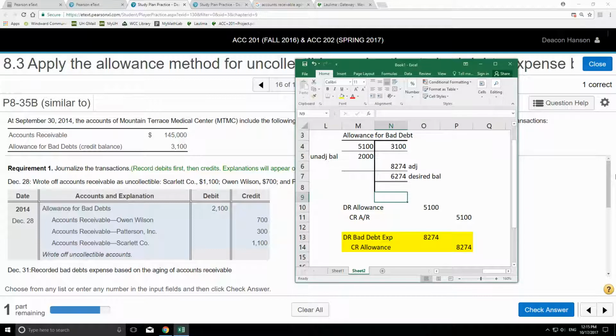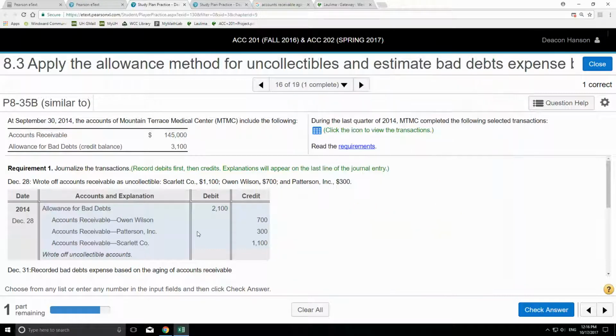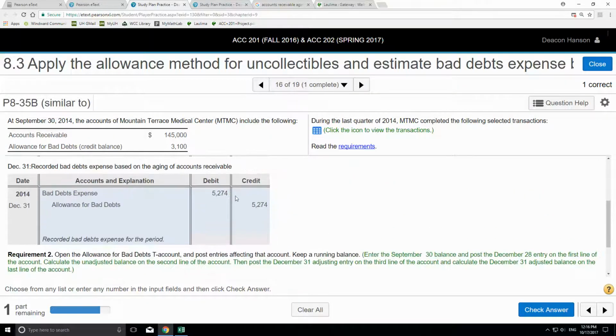Does that make sense? So you could be making a bigger entry than you think based on what you compute from that aging schedule. So we're always trying to back into the right amount to get us to that desired balance in the allowance account. Okay, and we were able to do that here.